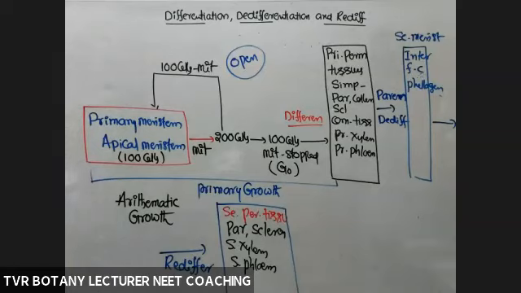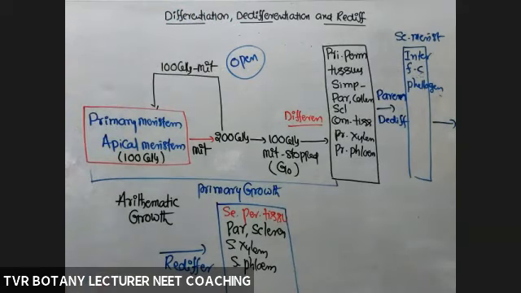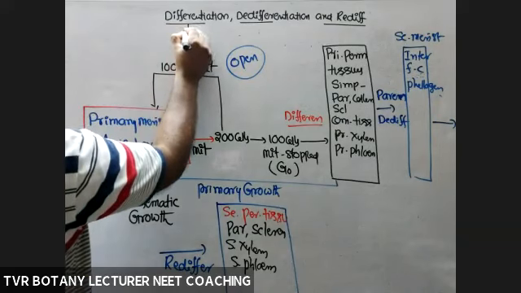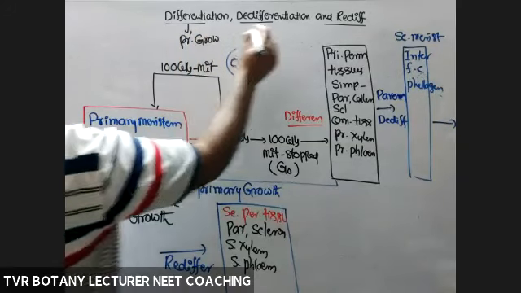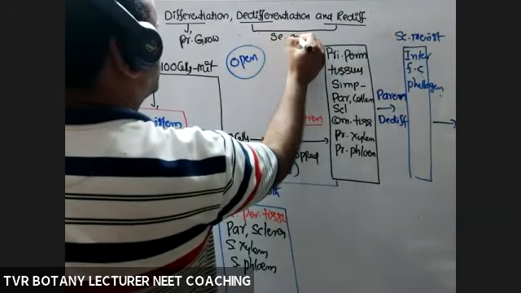So this flowchart is mandatory to understand differentiation, dedifferentiation, redifferentiation. Link this one with secondary growth. You can answer any question possible out of it. This one is concerned with the primary growth, and these two are concerned with the secondary growth, simply.